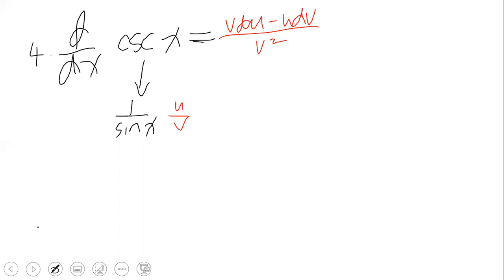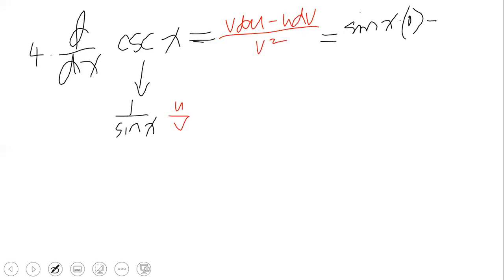Then, differentiate natin yung trigonometric na cosecant x. And that will be v du, that will be sine x. Then, the derivative of u. So, the derivative of constant, since 1 is constant, therefore this is 0. Tapos, minus u.